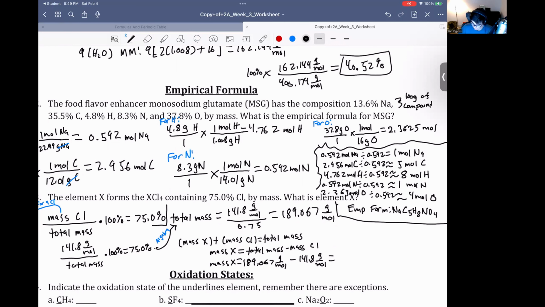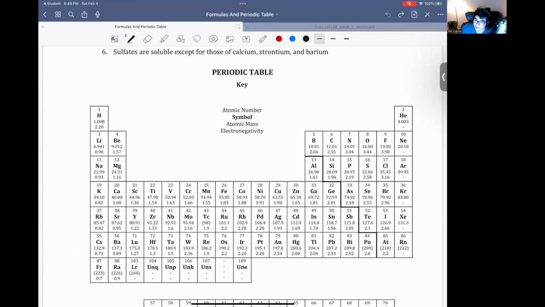And we end up getting 47.27. I'm just going to do 2 decimals, grams per mole. So let's see what element weighs 47.27 grams per mole, or what is closest to it at least.